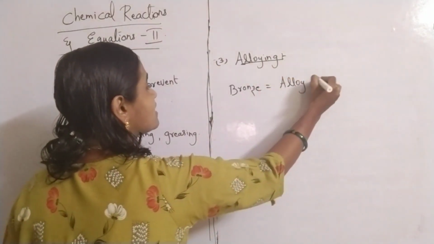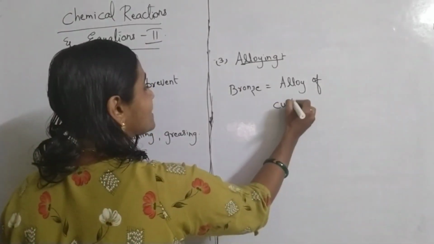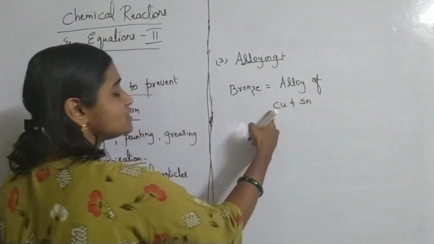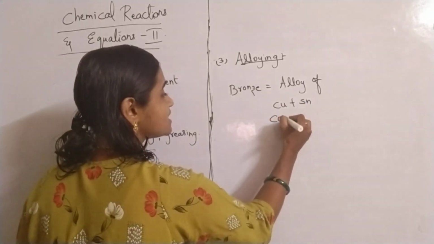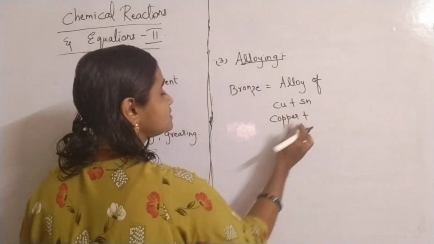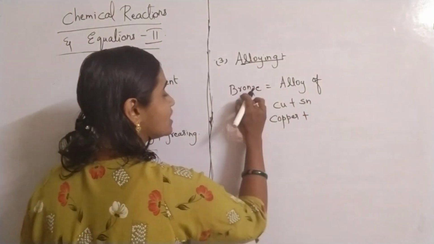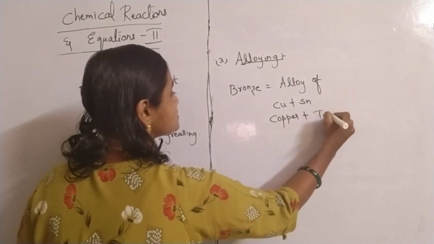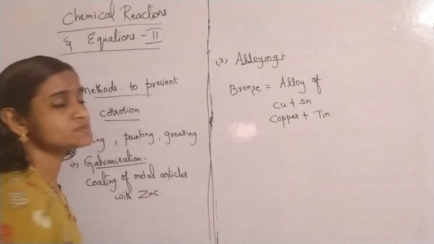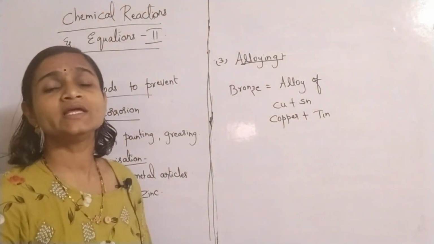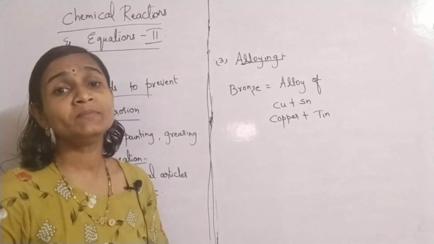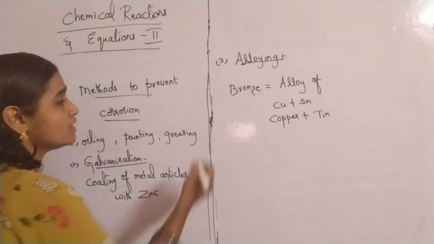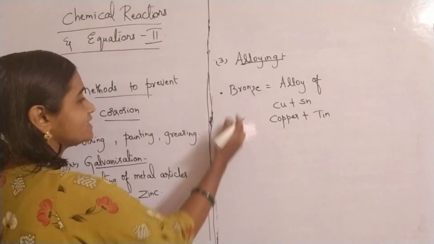Bronze is an alloy of copper plus tin. Cu is copper, Sn is tin. The newly formed substance is called bronze. By adding these two substances, the individual qualities of copper as well as tin get improved.